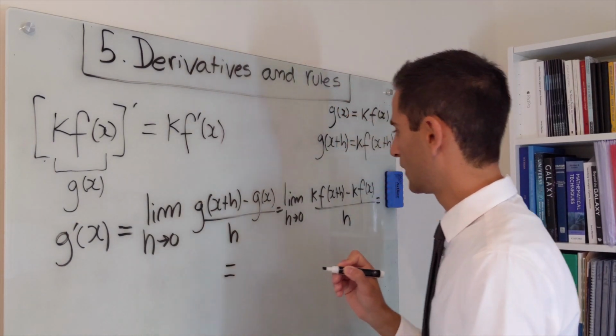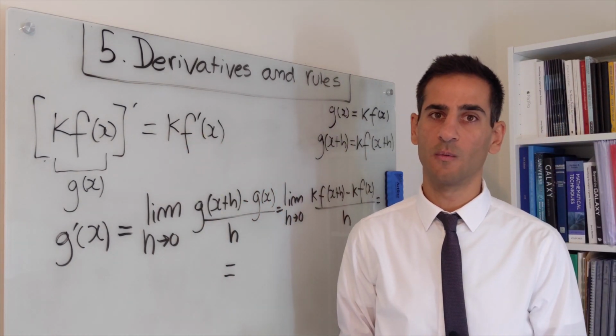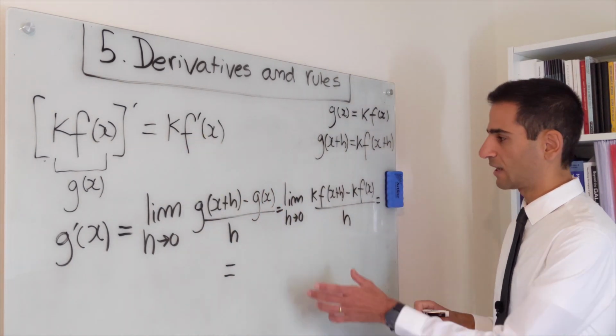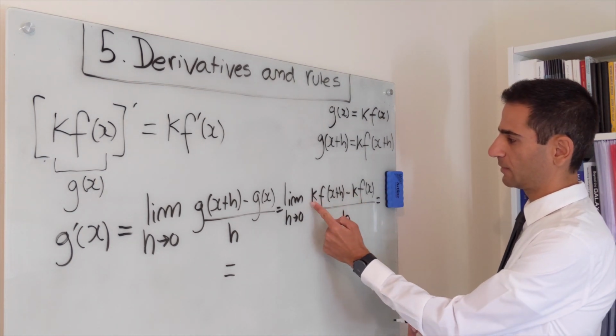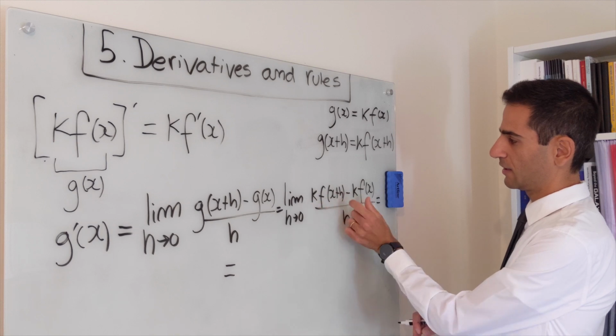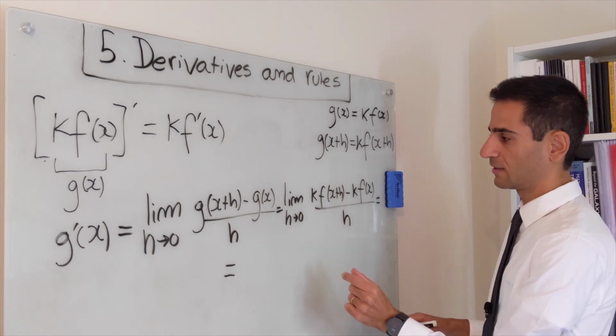The crucial step before we can prove this differentiation rule is to understand the key property of limits. We have k being multiplied by both terms, so we can actually take it out of the limit because there's no dependence on h.